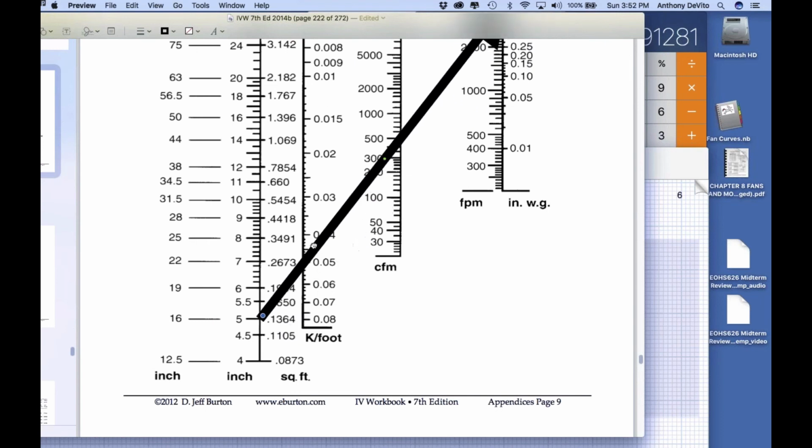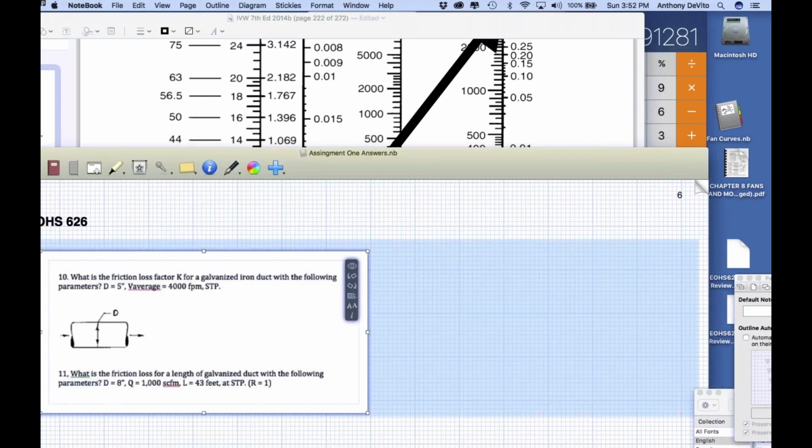Actually, I'll call it 0.05, that's the closest major cross section. So our K factor is 0.05 or thereabouts. It's not going to make that much difference if you call it 0.06 or 0.07.